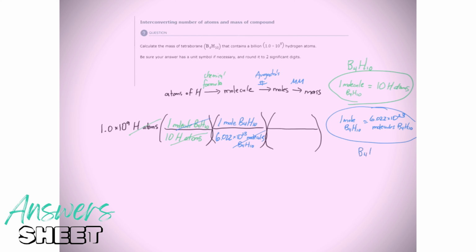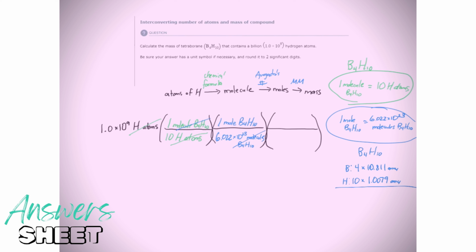We have B4H10. All right, so the molar mass is going to be equal to the molecular weight. For boron, we have 4 boron atoms, and each atom has an atomic mass of 10.811. For hydrogen, we have 10 of them, and each one has an atomic mass of 1.0079 AMUs. So let's get the molecular weight, which would be numerically equal to the molar mass.